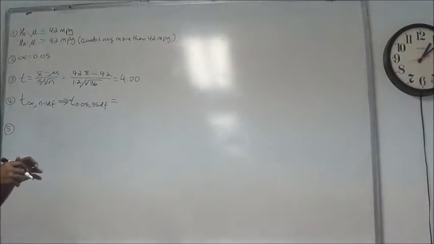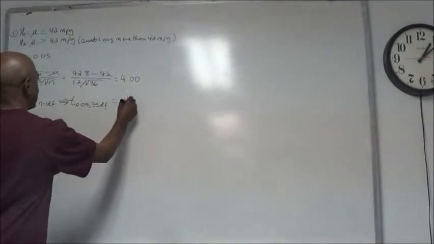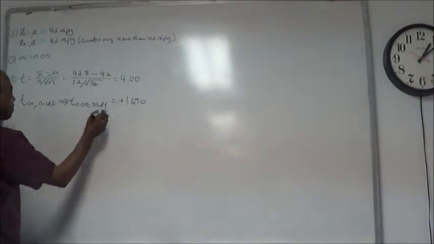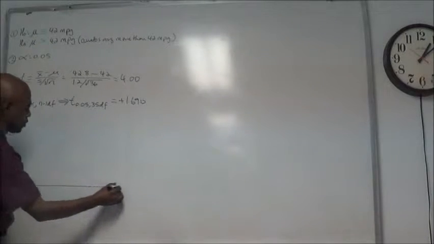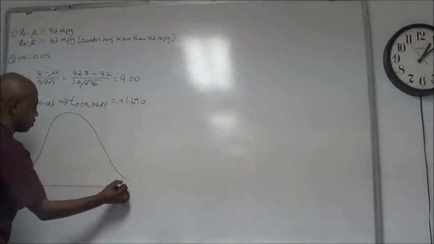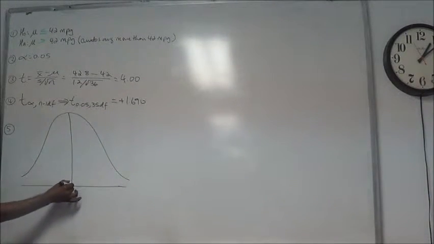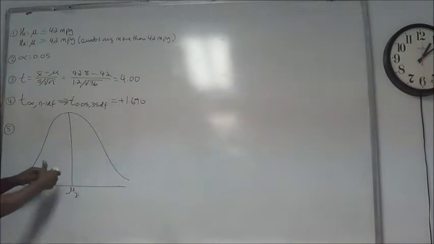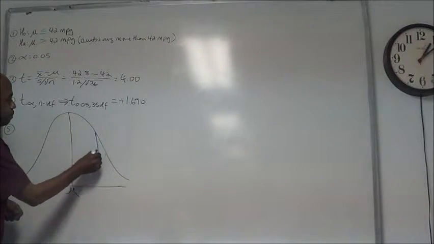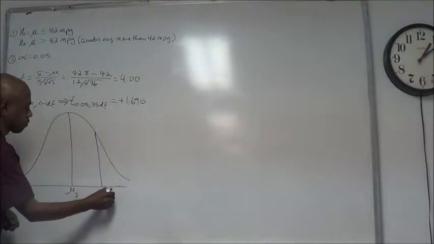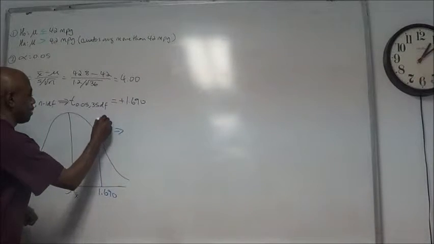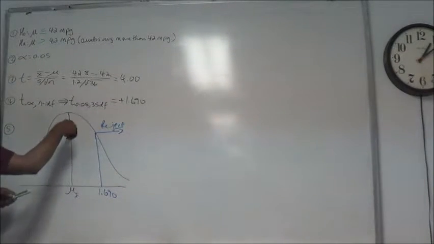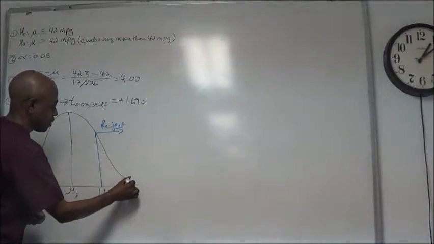What's the sign? Positive, since we're testing that side. So plot the distribution. The boundary is at 1.690. We're going to reject everything that way. The calculated value came in at 4, which is all the way over here.